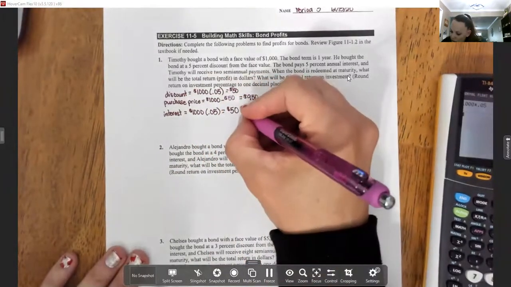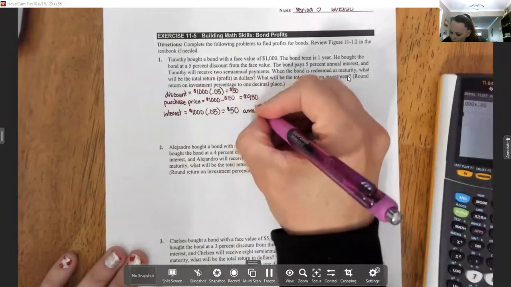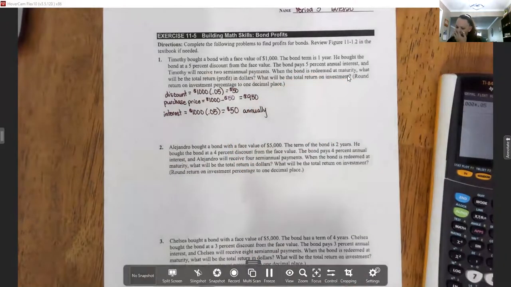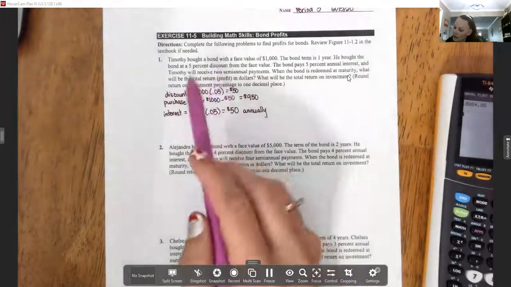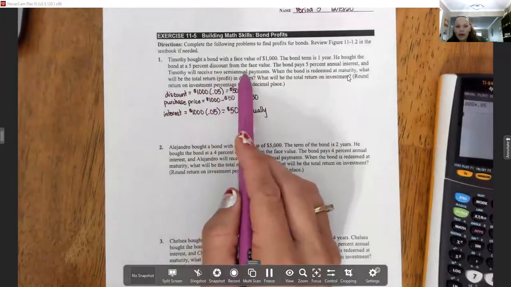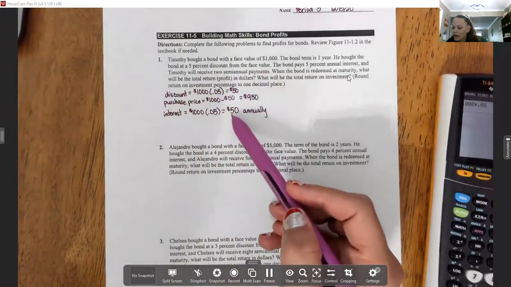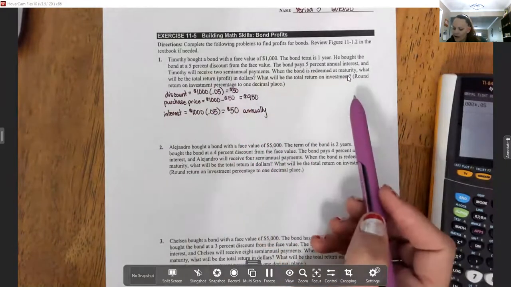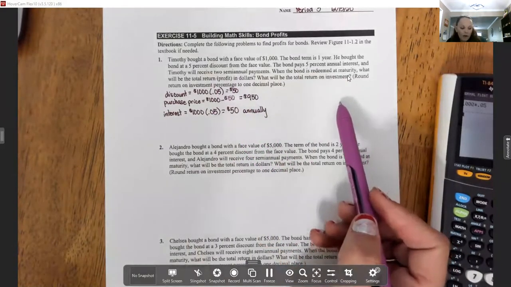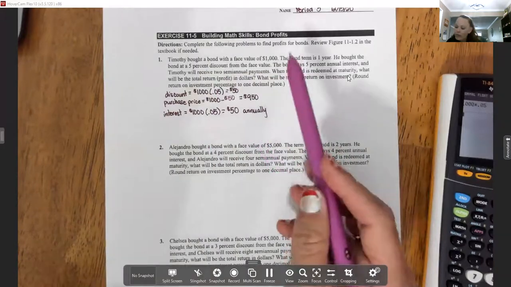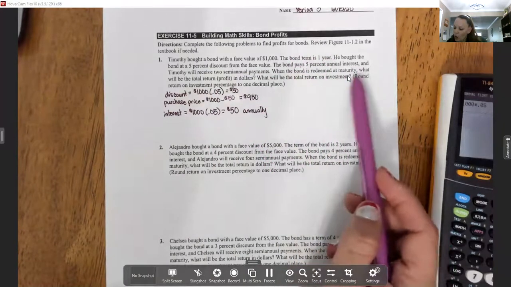And this is annually. So he gets $50 a year. It tells us right here he gets 2 semi-annual payments. That just means he would get $25 once and then $25 later. They would just split that in half. That's not going to make a difference in the total profit.